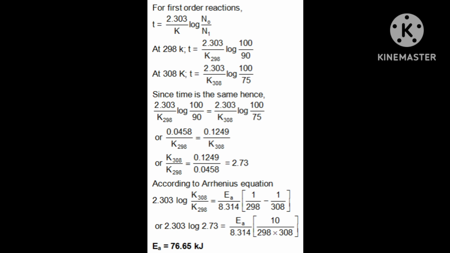Just by seeing the value, whose value is less, that will be the R value, and whose value is more, that will be the initial value. Because in the beginning concentration will be more. Always the initial concentration will be more, and the final concentration, after some time, will be less.